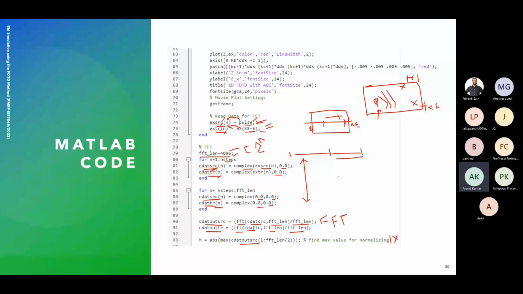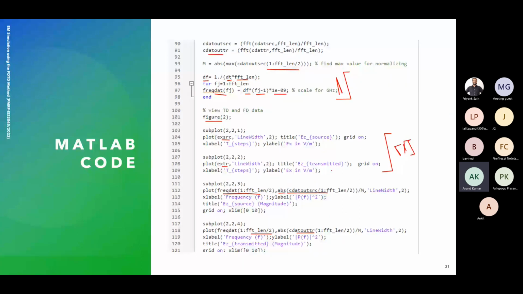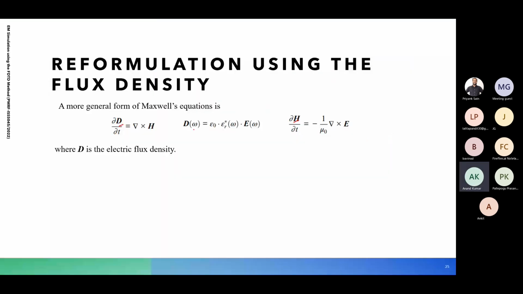Okay. If there are no questions, we'll move towards the formulation using flux density. Up till now, we got our update equations using Maxwell's equations, which had H and E. We can also use D and H to write the update equations, and this is more preferred because if we want to simulate a medium which has losses and whose permittivity is a function of frequency, it is easier to do it using flux density.